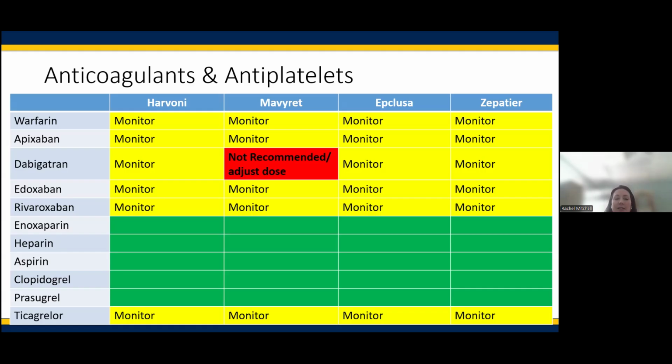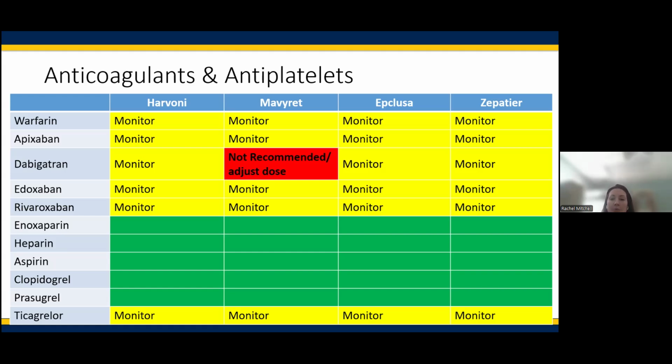The only one that is red on here is dabigatran. With dabigatran, I have it as not recommended / adjust dose, and it depends on whose package insert you're looking at. If you look at the European package insert, it's contraindicated, not recommended to give those together. In the US package insert, the recommendation is that you can give it together.